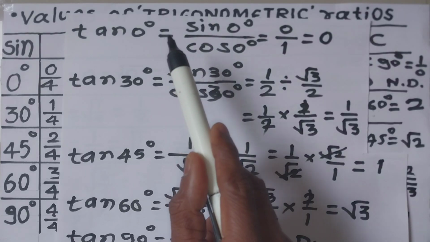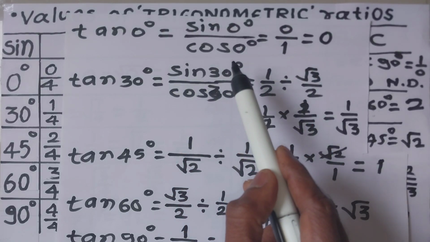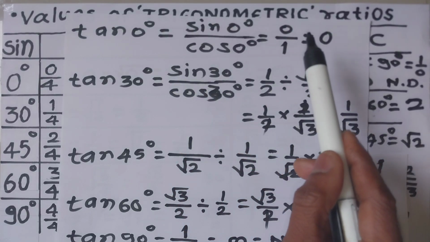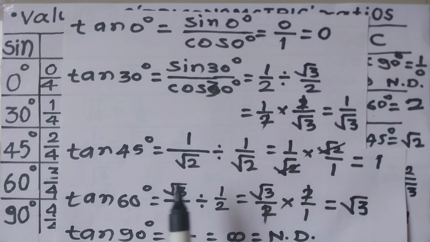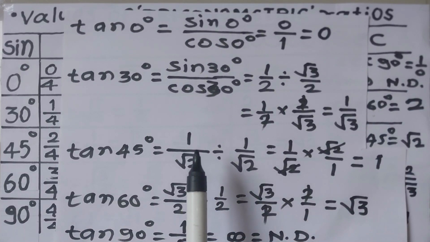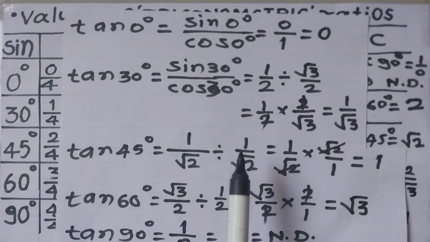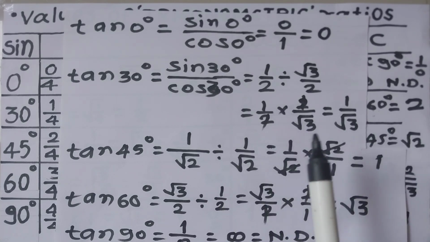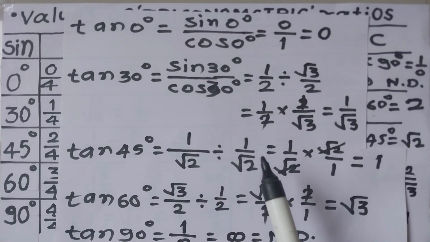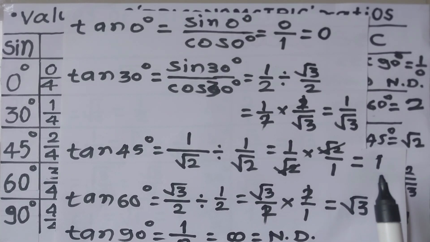First, tan 0 degree is equal to sin 0 degree upon cos 0 degree, which is 0 upon 1, equal to 0. Then tan 45 degree is equal to 1 upon root 2 divided by 1 upon root 2. As I told you, take the multiplicative inverse of this 1 upon root 2, then we will get the value 1.